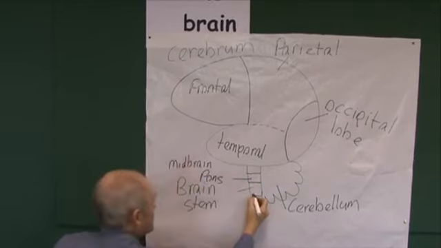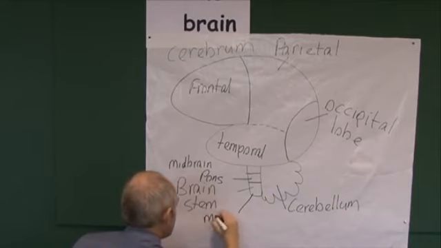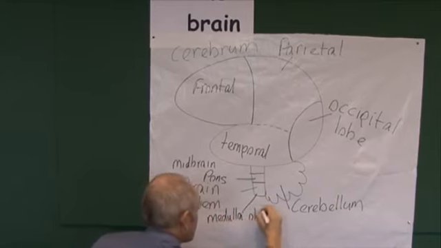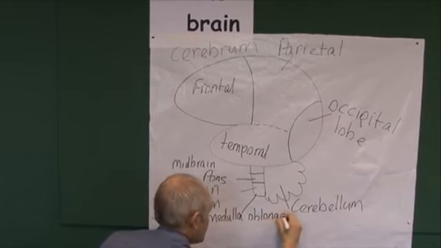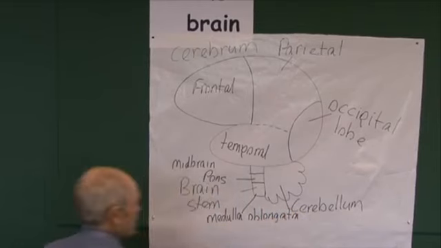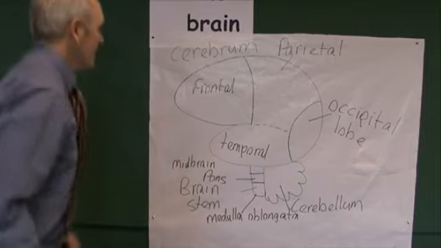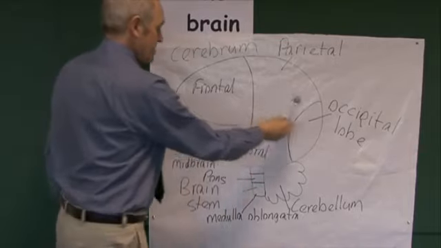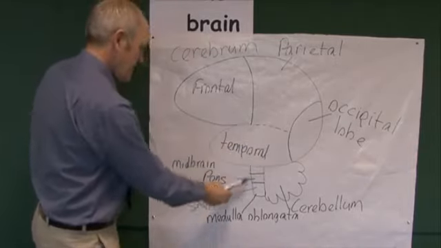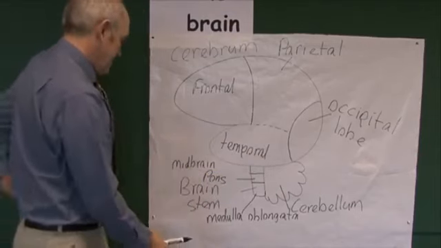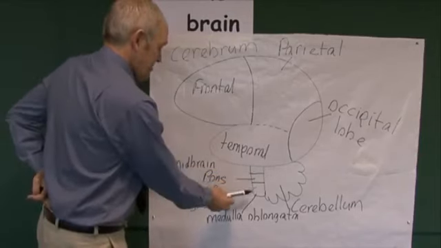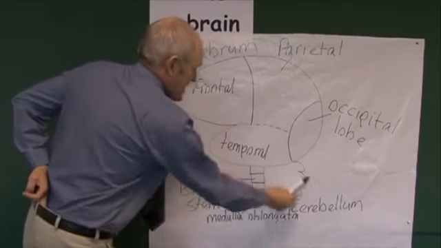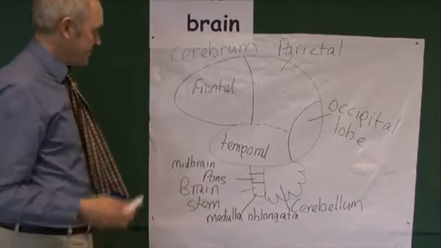And the lower part is the medulla oblongata, often just called the medulla. So frontal, parietal, occipital, temporal, brainstem divided into midbrain, pons and medulla oblongata, and then the cerebellum behind.